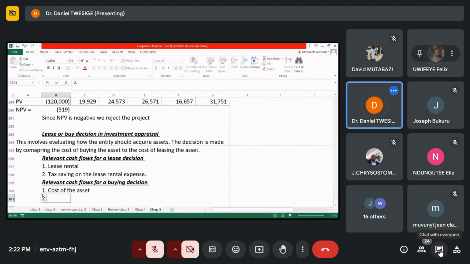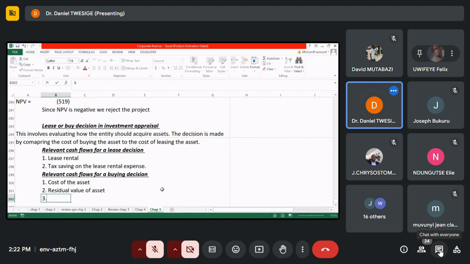Number two, the residual value of the asset. If the asset has got a residual value at the end, that is also relevant. Then we have the maintenance cost. You may find that you are going to be maintaining the asset. It's also going to be relevant.